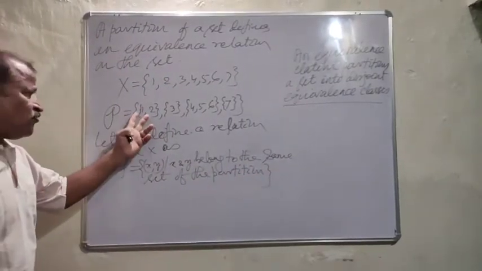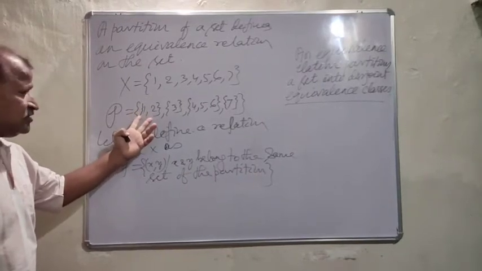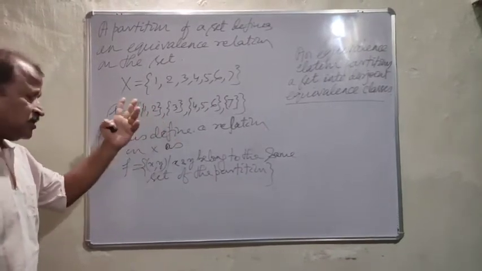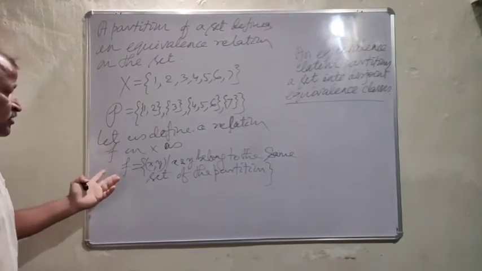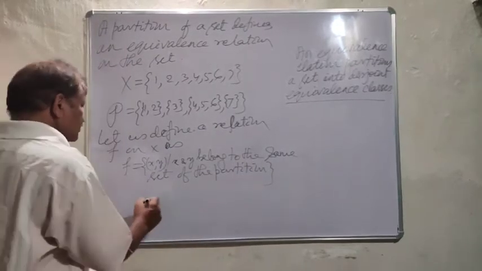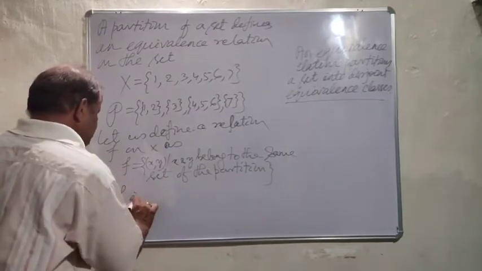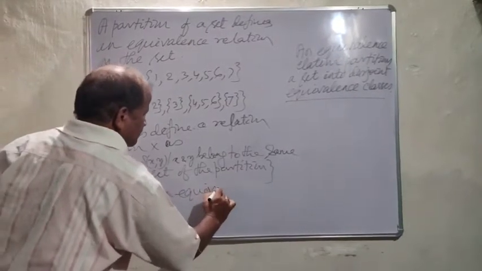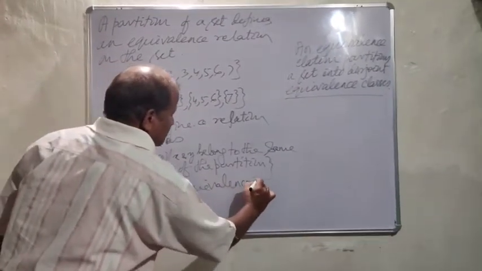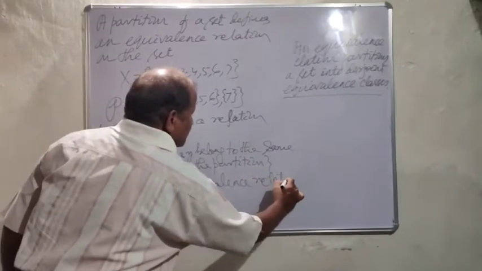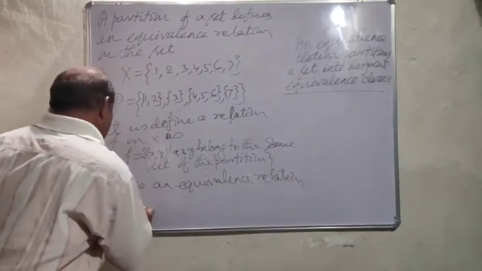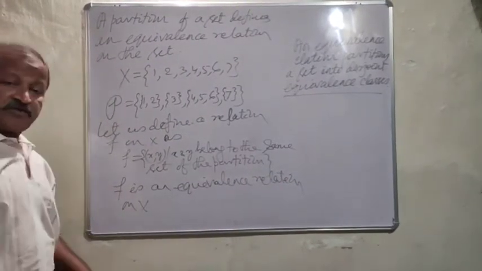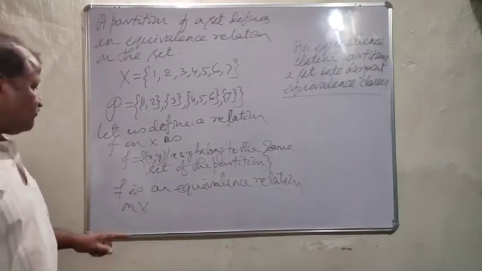That means 1 and 2 belong to the same set, so 1 is related to 2 and 2 is also related to 1. You can show that f is an equivalence relation on X. Try to prove it yourself.